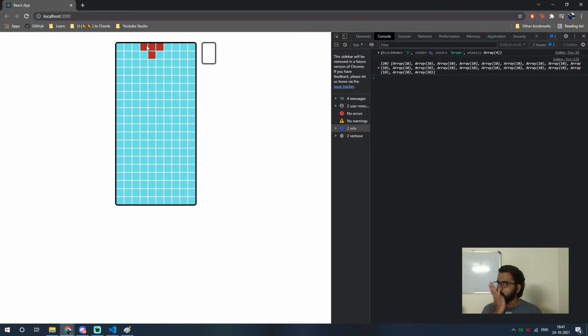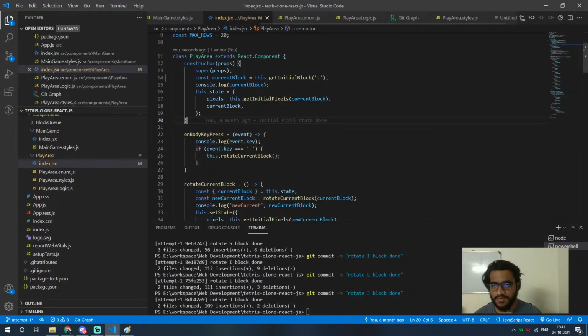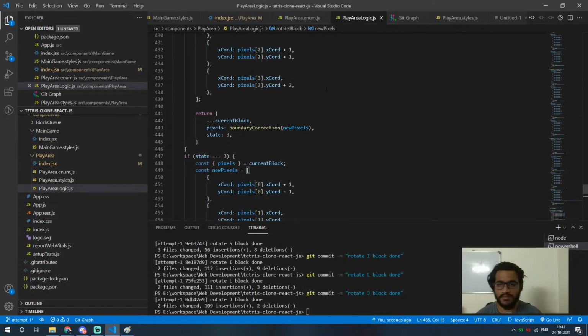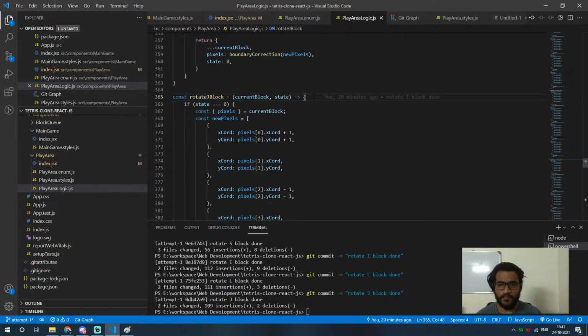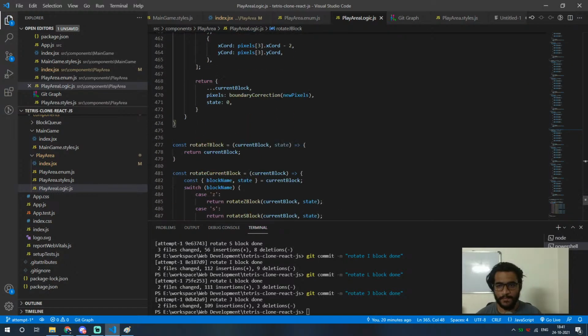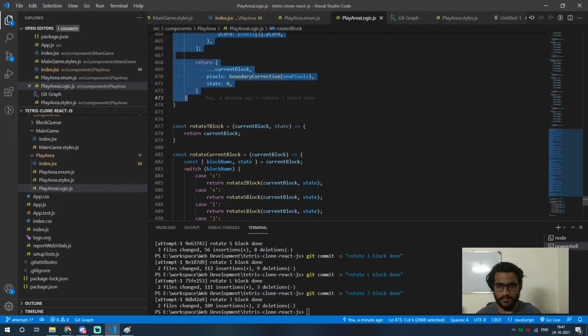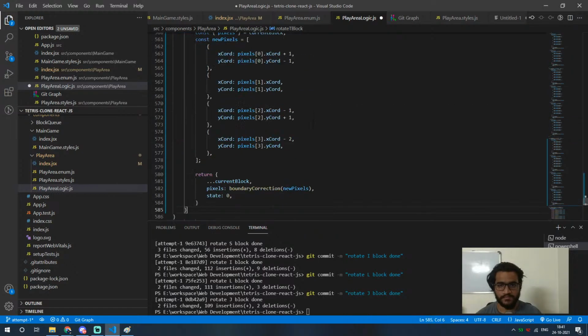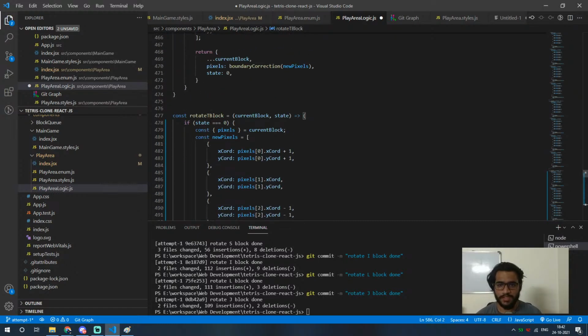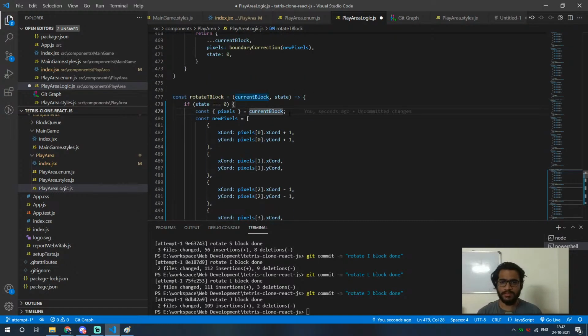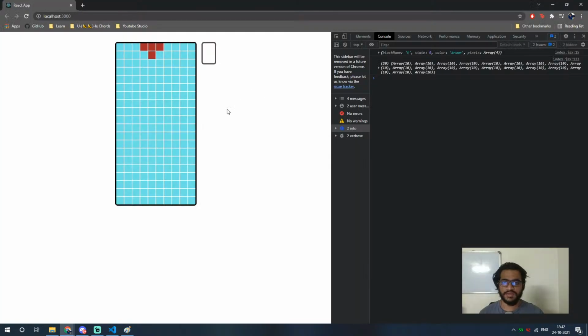So with T block, same as always, the second block would be the anchor block, right? And so let's just change the plus minus values of this block.